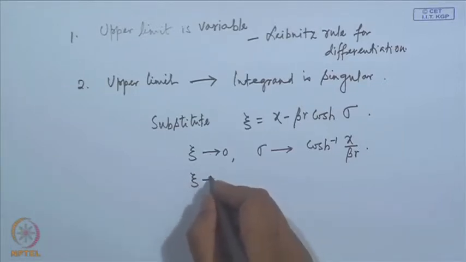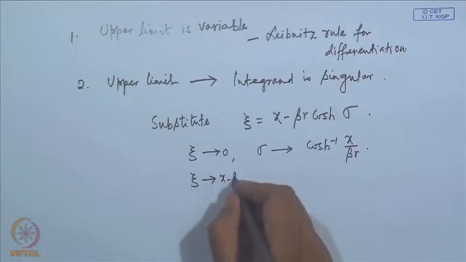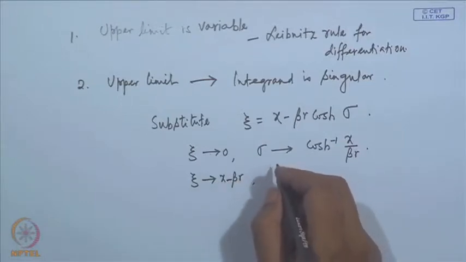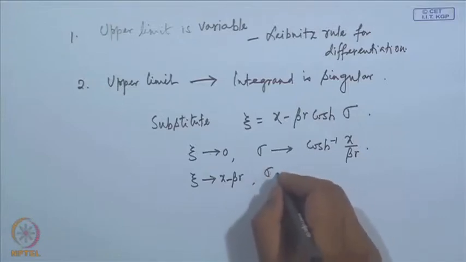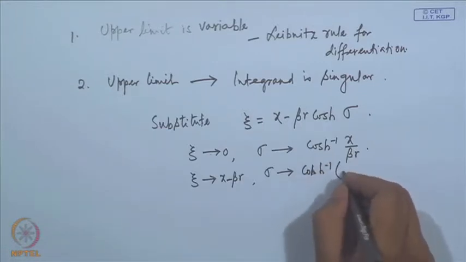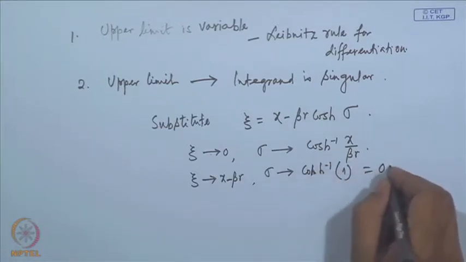When xi is x minus beta r, sigma is cos hyperbolic inverse 1, which is 0.